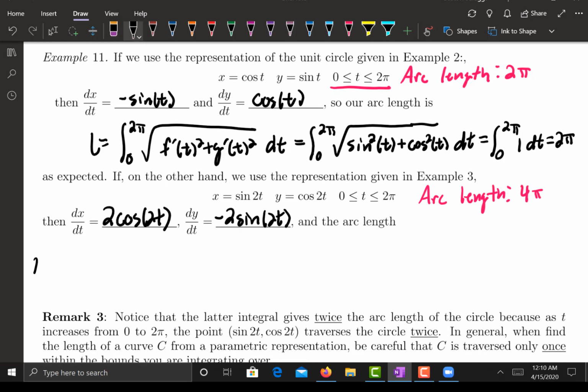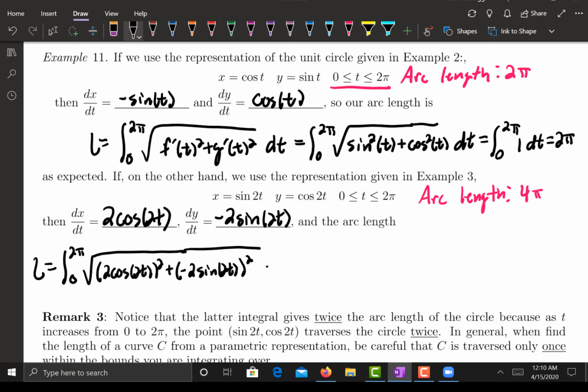And let's calculate the arc length. Integral from 0 to 2 pi of the square root of (2 times cosine of 2t) squared plus (negative 2 times sine of 2t) squared. All of this is under the square root.